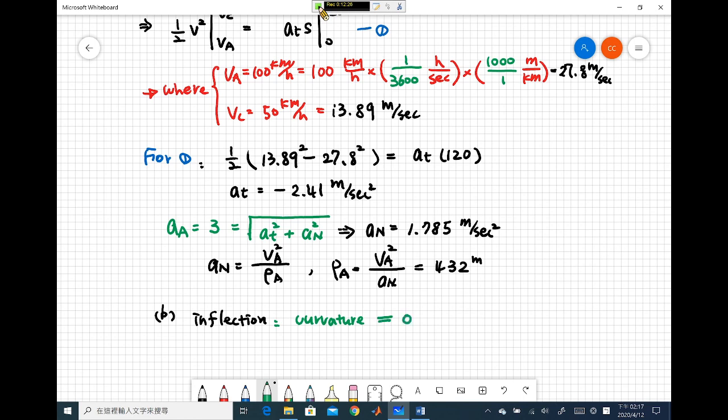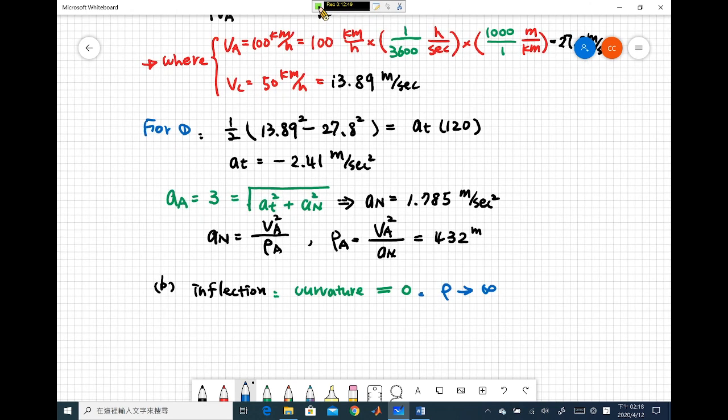Curvature being 0 implies your rho will be infinity. And if rho is infinity, then when you calculate your AN, that will be equal to VB squared divided by rho. Rho is infinity, then AN is 0.